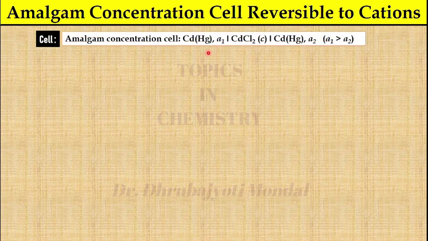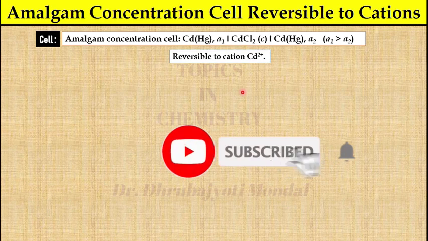Here it is. You can see cadmium amalgam activity A1, cadmium chloride concentration C, vertical line cadmium amalgam activity A2. Okay, here this is the condition A1 greater than A2. So here the cell reaction is reversible to cation, and the cation is cadmium 2 plus.